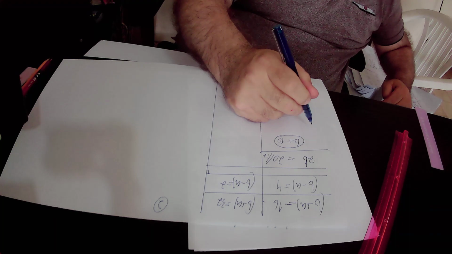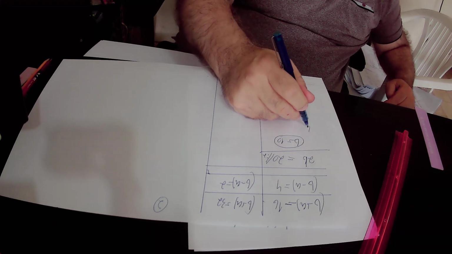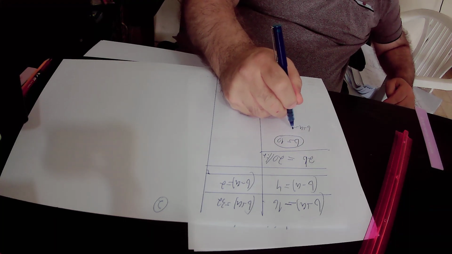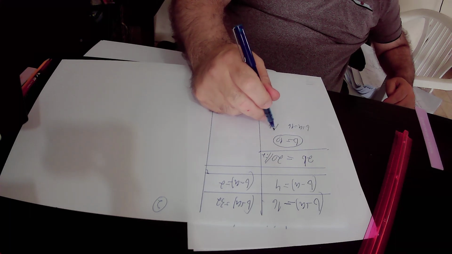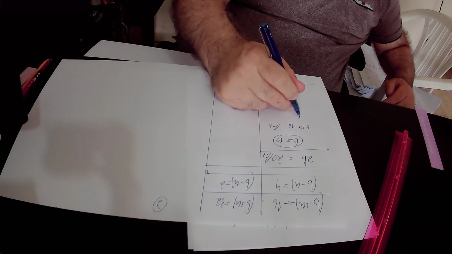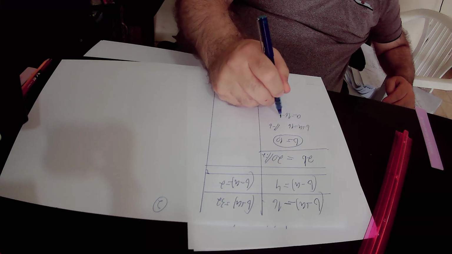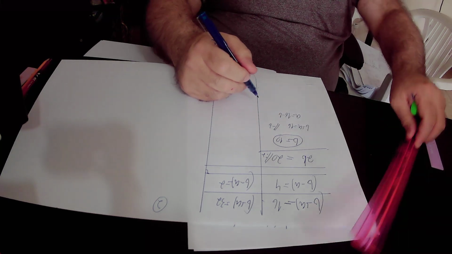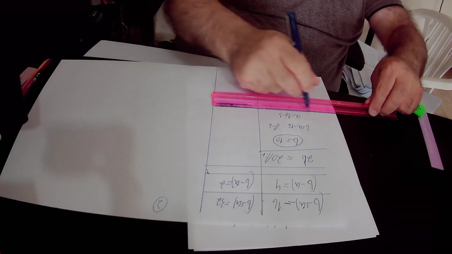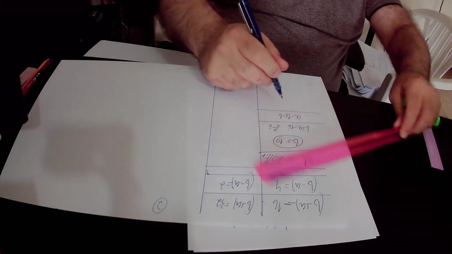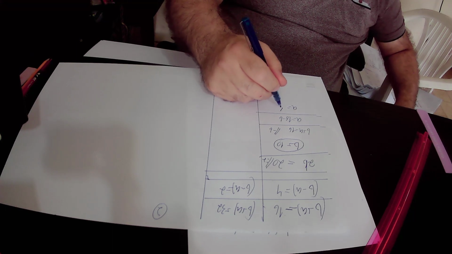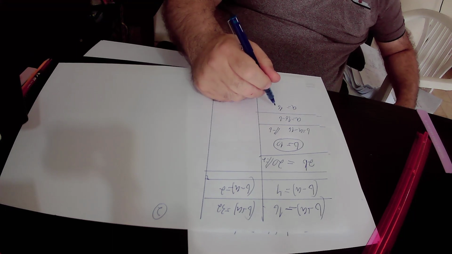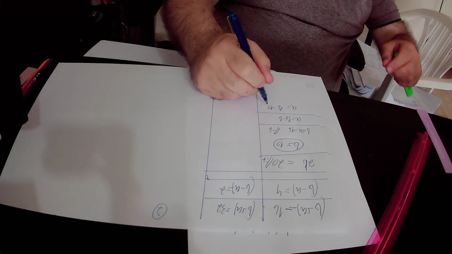Now we have the equation that b plus a is 16. Here we subtract b from this equation, and we get that a equals 16 minus b. That is to say a equals 16 minus 10, which is 6.